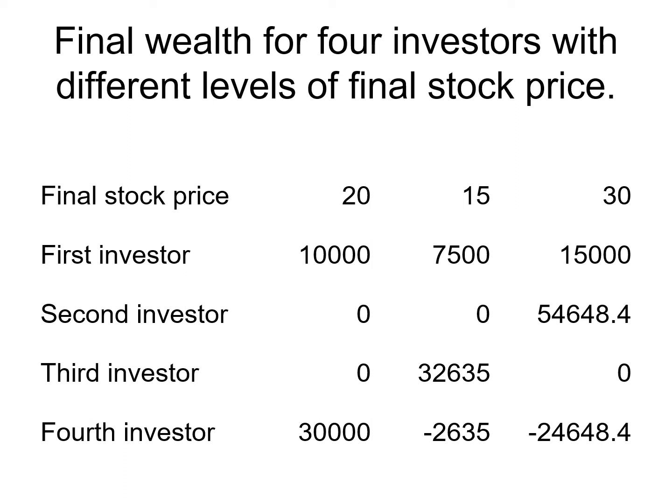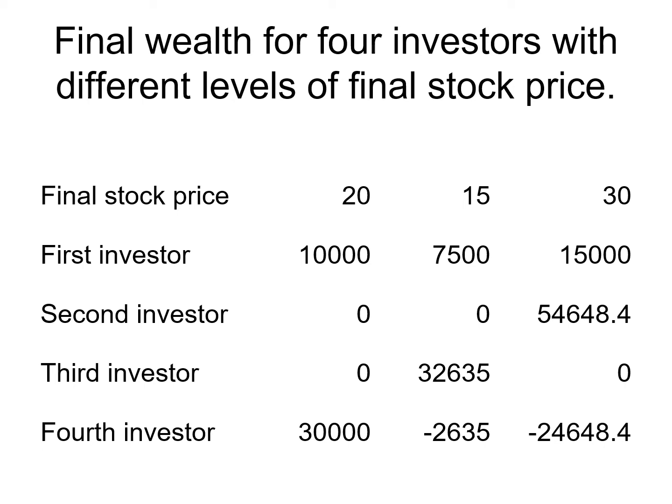For the first investor, if the stock price remains at 20, his wealth will remain at 10,000, just as the initial wealth. If the stock price drops to 15, his wealth will be 7,500. If the share price rises to 30, his final wealth is 15,000.